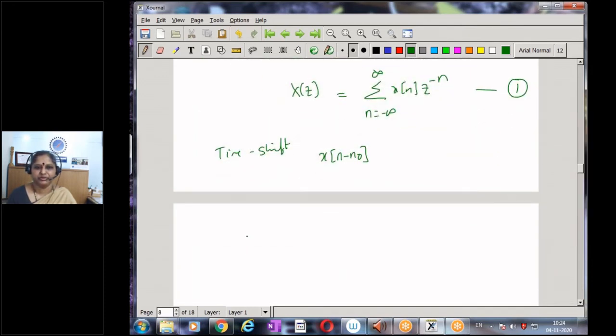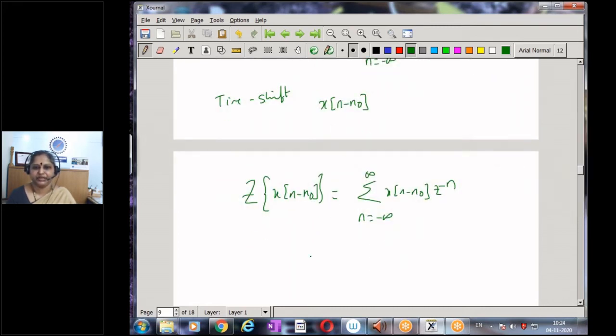So to compute the Z transform of the sequence x of n minus n naught, I just need to put in the above summation, n equal to minus infinity to infinity, x of n minus n naught, z to the power of minus n. And what we get, let me use a new variable, say m equal to n minus n naught.